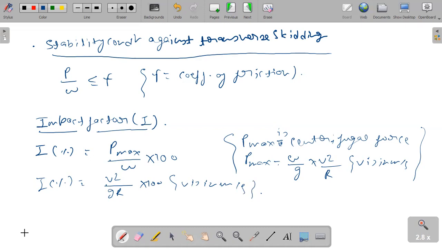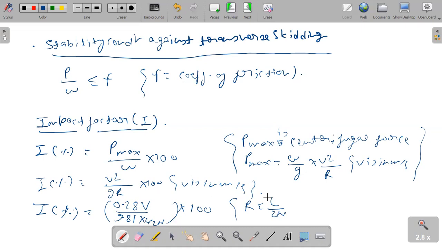If V is in kilometer per hour, then impact factor is equal to (0.28 V) whole square upon 9.81 into L by 2N into 100, where R is equal to L by 2N, and small v is equal to 0.28 capital V, where V is in kilometer per hour.